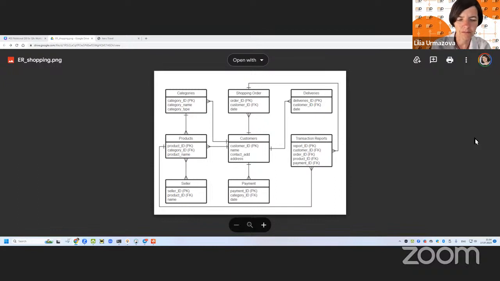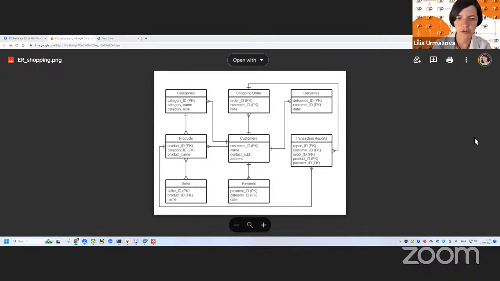In this case, we should have a foreign key in the deliveries table related to the order number, the order ID, if it is about a partial delivery. But one delivery in this case cannot be for different orders, I think. What do you think? Yeah, that makes sense.